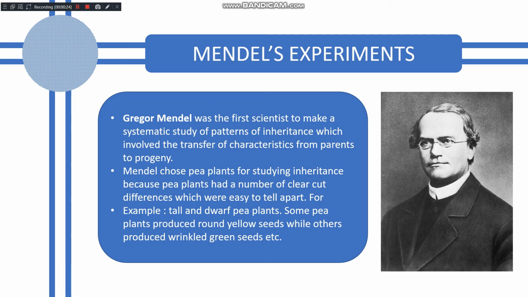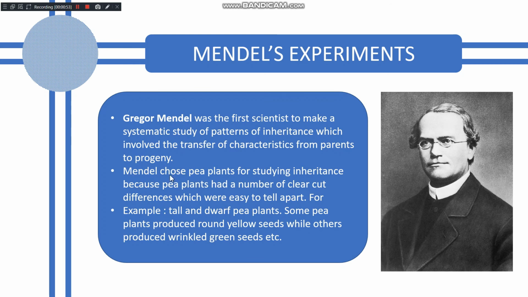He observed so many plants first, and then thought why some characters appear and some characters do not appear, and then he studied that. Okay, and Mendel is also known as the father of genetics because he was the first scientist who started this study. And for his study he chose the pea plant.